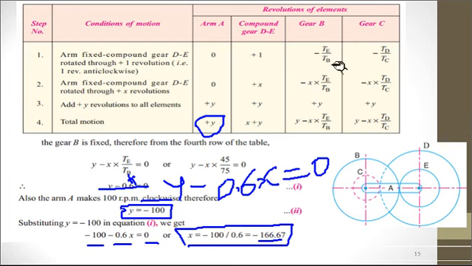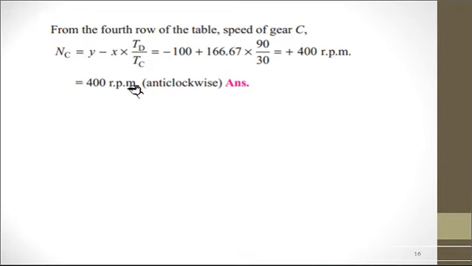Now we need to calculate the speed of gear C. We substitute the Y value, X value, and TD, TC values in this equation. NC is equal to Y minus X into TD by TC. Minus 100 plus, because minus of minus is plus, 166.67 into 90 by 30.